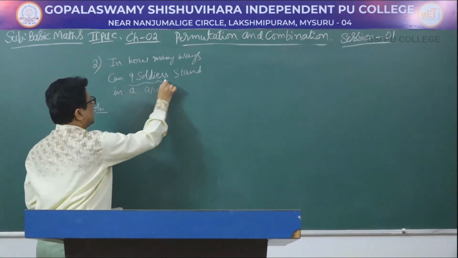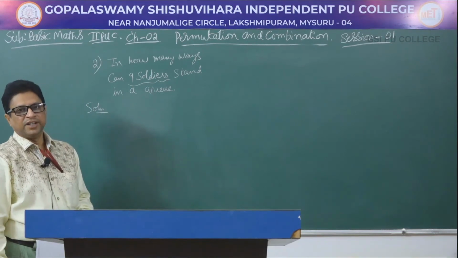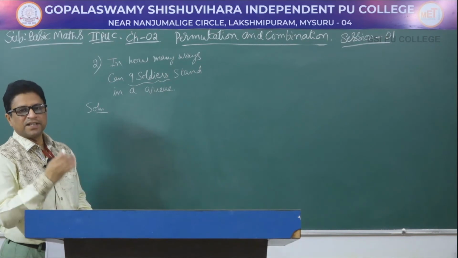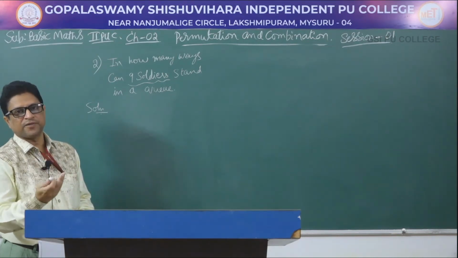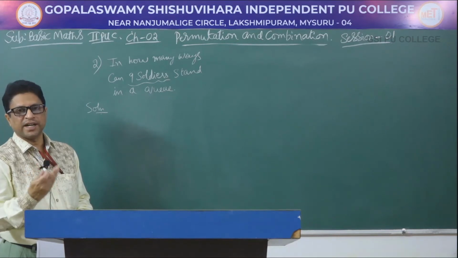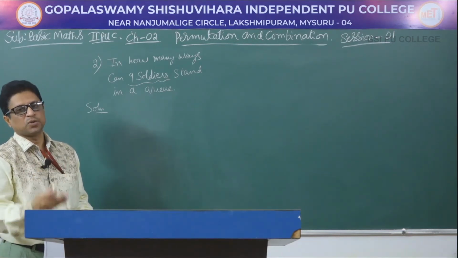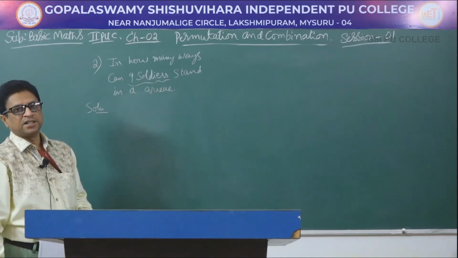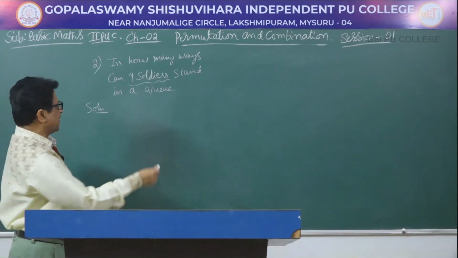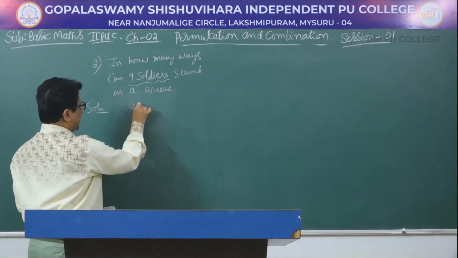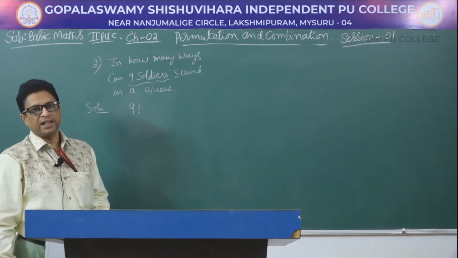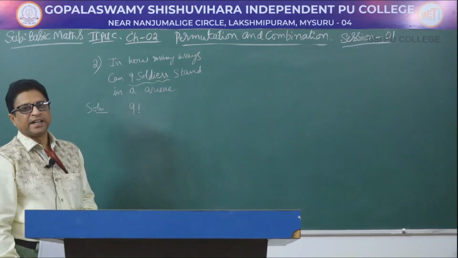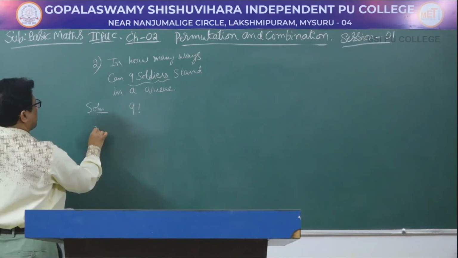There are 9 soldiers: soldier 1, soldier 2, soldier 3, soldier 4, soldier 5, soldier 6, soldier 7, soldier 8 and soldier 9. They have asked in how many ways we can arrange the 9 soldiers. Definitely, we can say that the 9 soldiers can be arranged in 9 factorial ways.